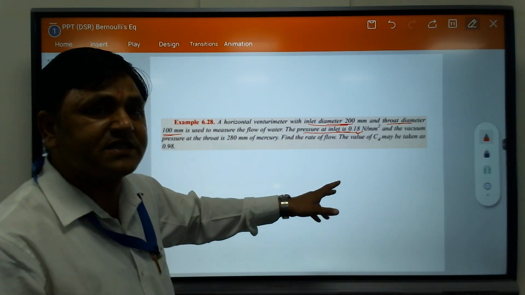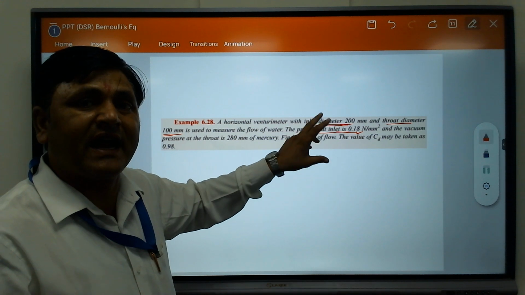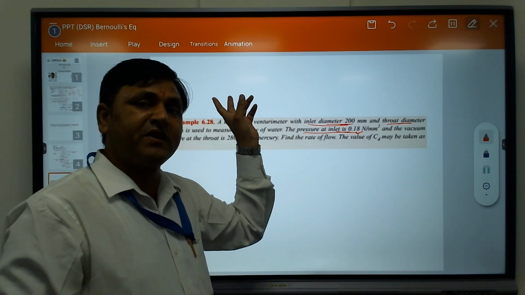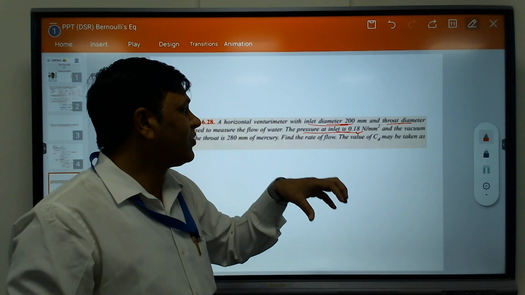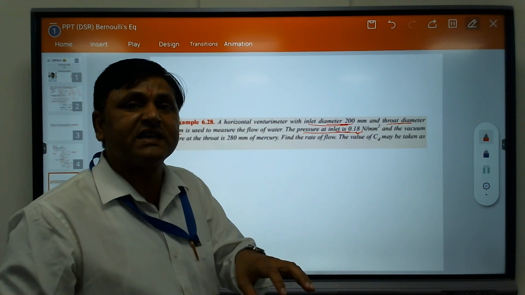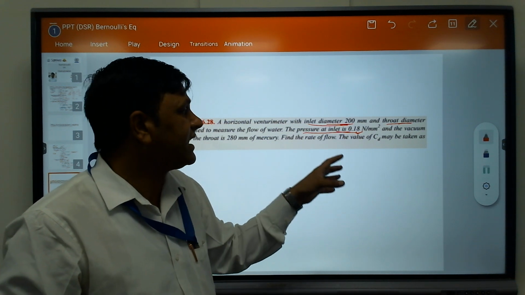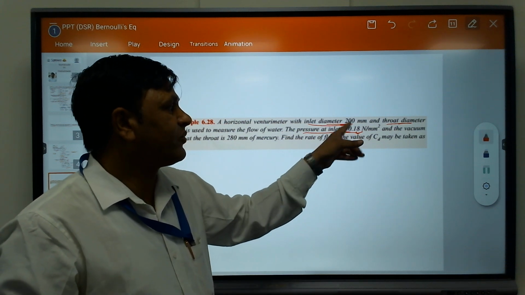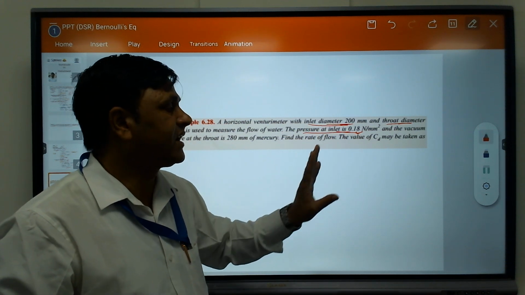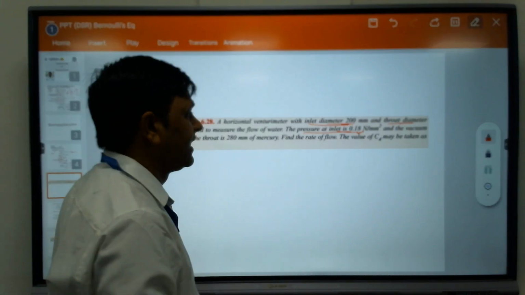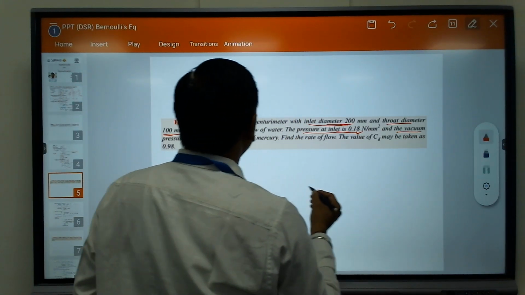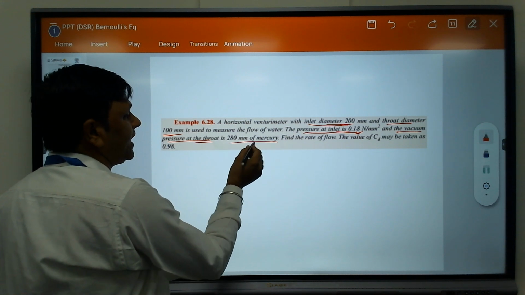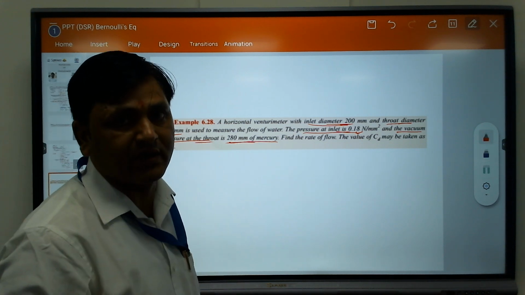The difference between this numerical and the previous two is that in the previous two no value of pressure was given, but in this numerical the pressure at the inlet section is given as 0.18 Newton per millimeter square, and the vacuum pressure at the throat is 280 mm of mercury.